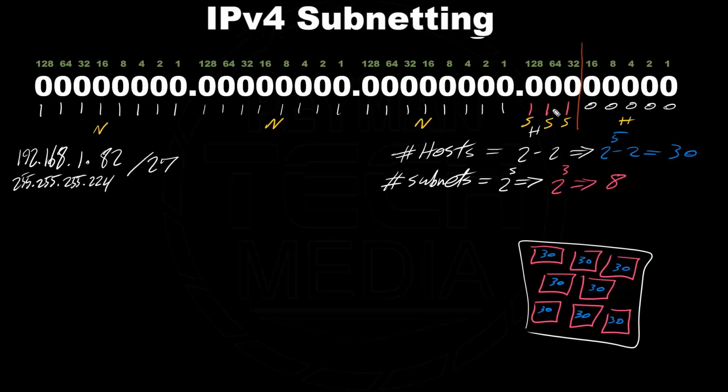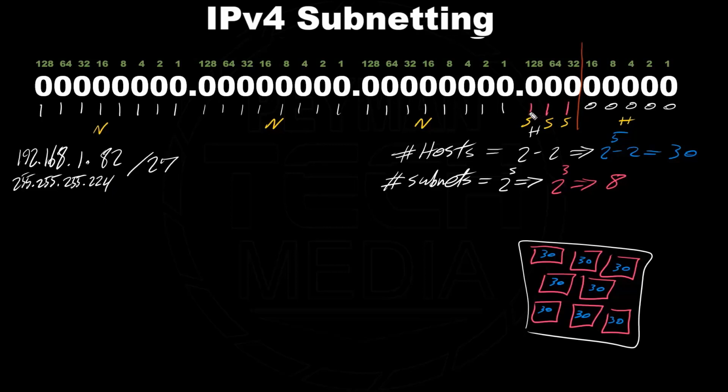On the last octet we can see 3 bits turned on: 128 plus 64 plus 32. When we convert binary to decimal, we just add the decimal values of the bit positions that are turned on. This one turned on, this one turned on, this one turned on. So 128 plus 64 plus 32 gives us 224.